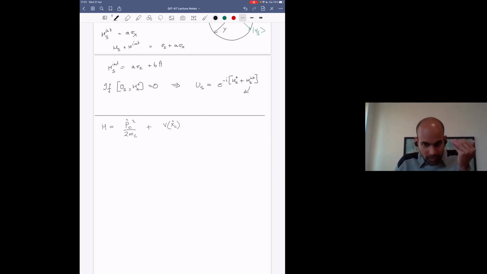But now we do the following. We say that this value of the momentum is very high. So we start with an initial state of the clock whose average momentum P_c is equal to some, let's call this P_0. So this is the expectation value for the momentum that is very high.